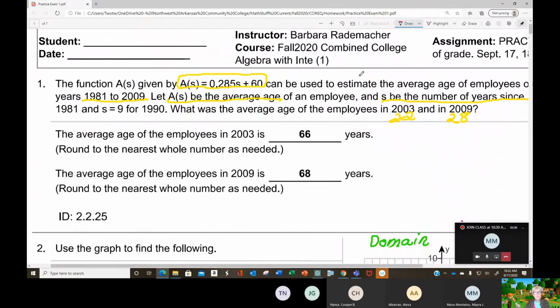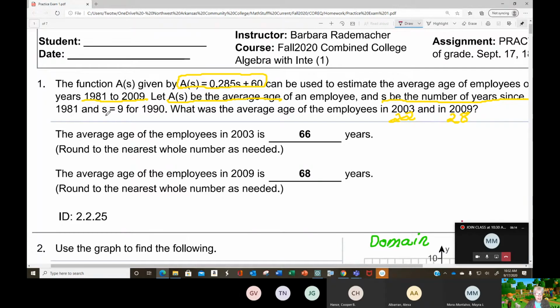I'll just start here with number 1. A function A of s given by A of s equals 0.285s plus 60 can be used to estimate the average age of employees during the years 1981 to 2009. Let A of s be the average age of an employee and s be the number of years since 1981.